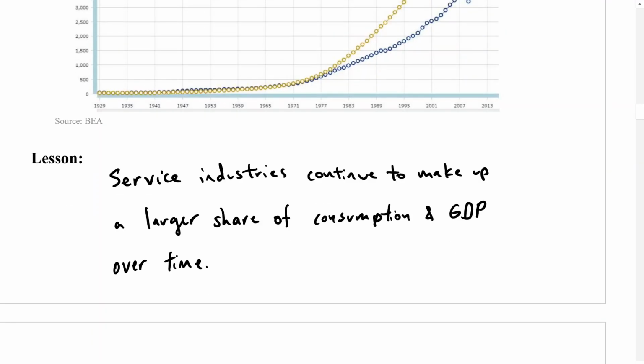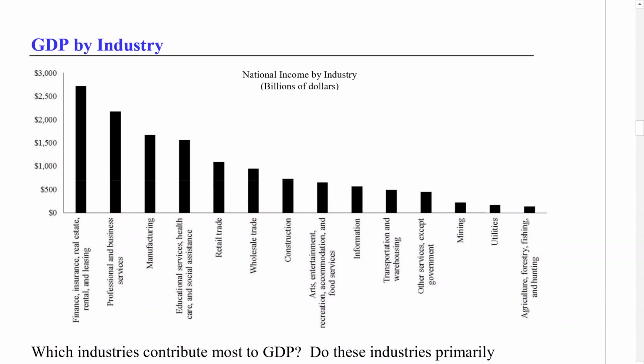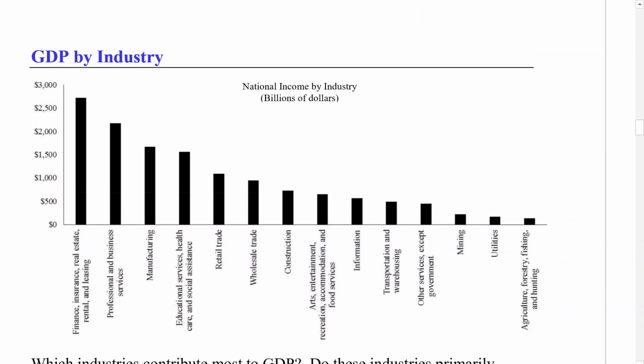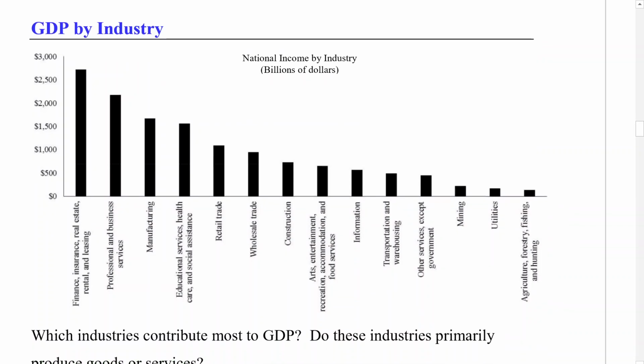Just continuing to move along to show some more statistics here. Here we have national income by industry, and so now we're looking at the highest and lowest value industries in the United States. This first one, finance, insurance, and real estate, is sometimes called FIRE.